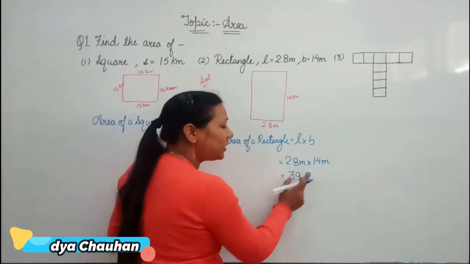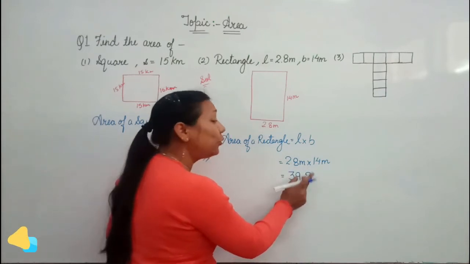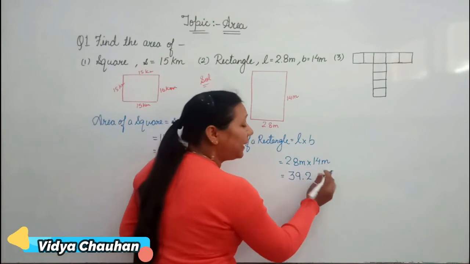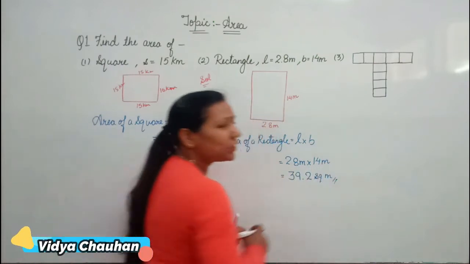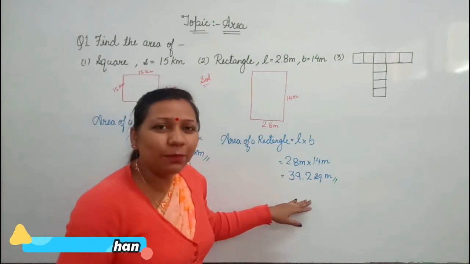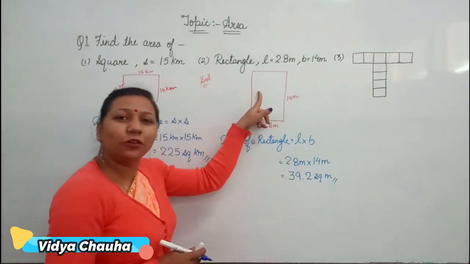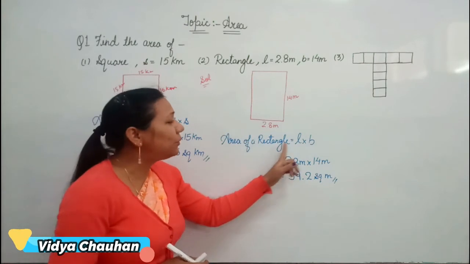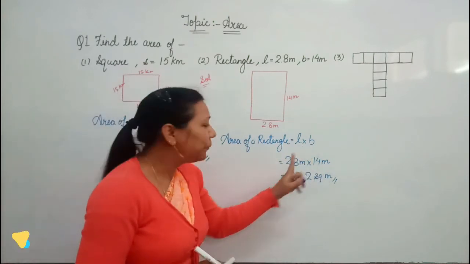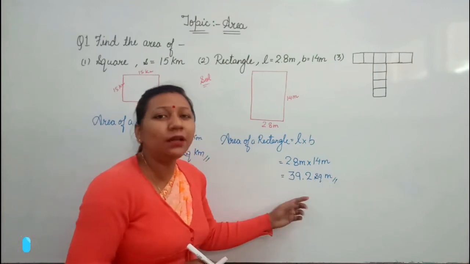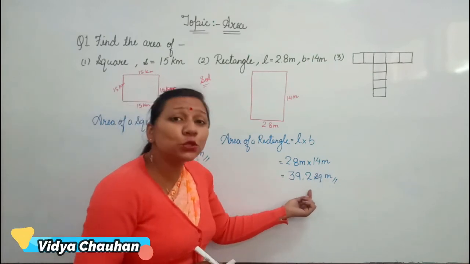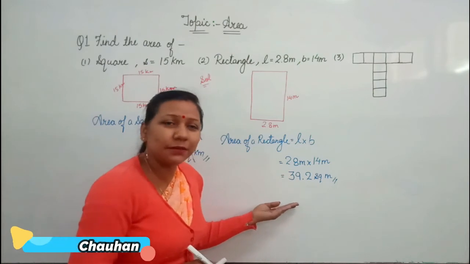Multiplying 2.8 with 14, it will give you 39.2, and meter multiplied by meter will give square meter. So this is your solution to the second part, in which we have calculated the area of a rectangle by using the formula length into breadth. Length 2.8 meter, breadth 14 meter, multiplied together 39.2 square meter is the final answer.